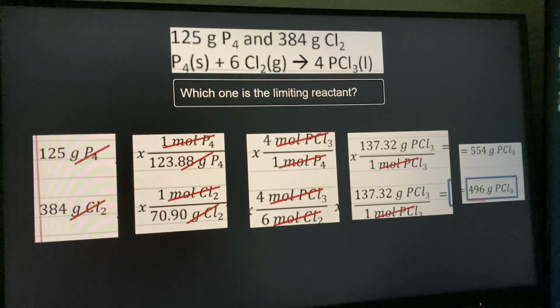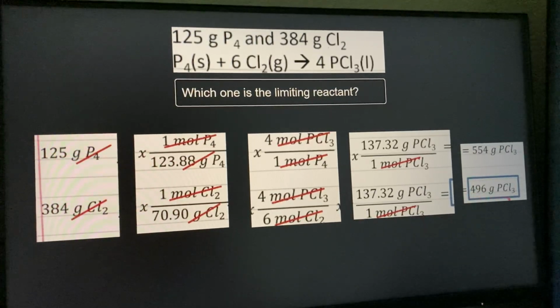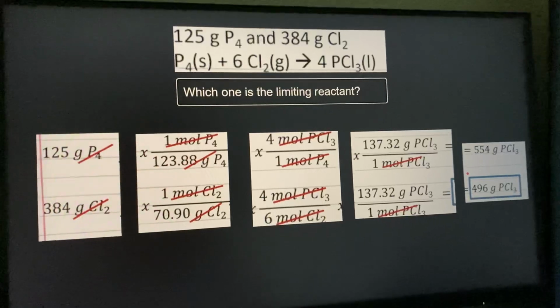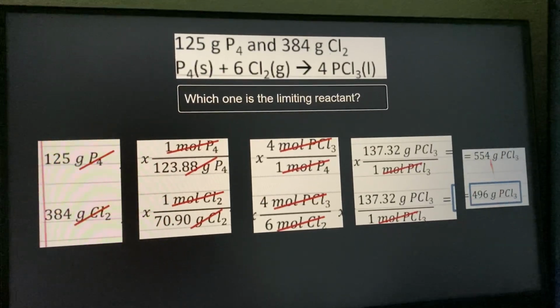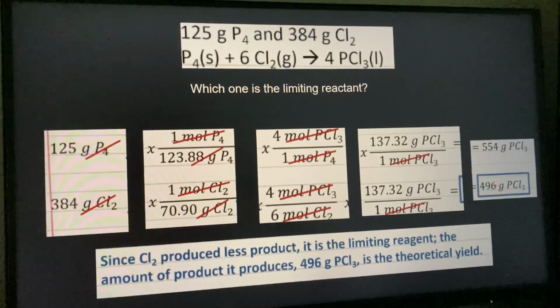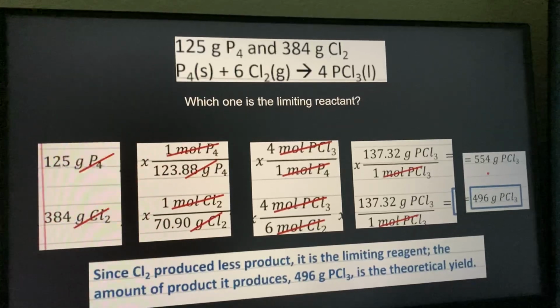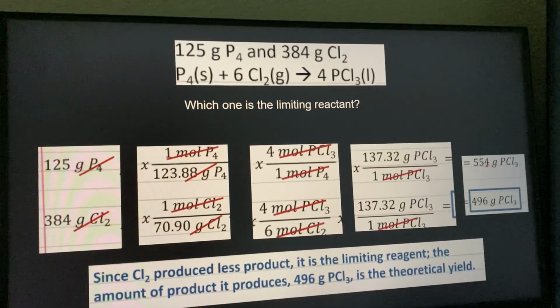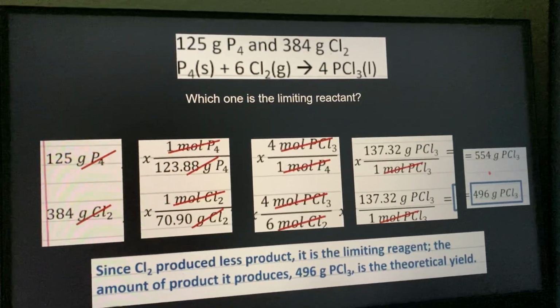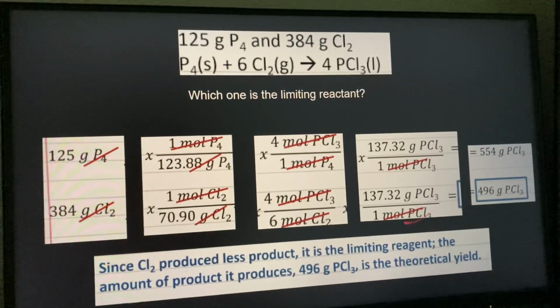That means it's the limiting reactant, since it makes less of the product. There's less reactant compared to the other, which makes more product. This is going to be the limiting reactant, because if these two were to form together, the extra 58 grams that the other one made wouldn't be made, because there's no more Cl2 to react with it.